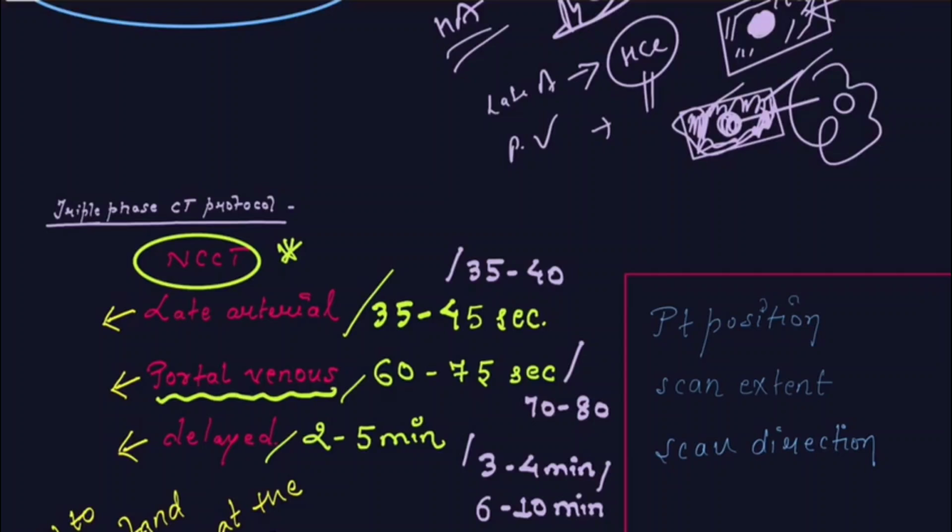At some places, these are the variations written, like 35 to 40 seconds, 70 to 80 seconds, 3 to 4 minutes. Okay, but just remember these values: 35 to 45 seconds, 60 to 75 seconds, and 2 to 5 minutes.